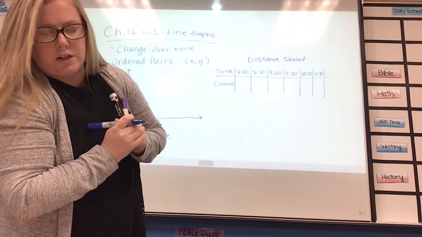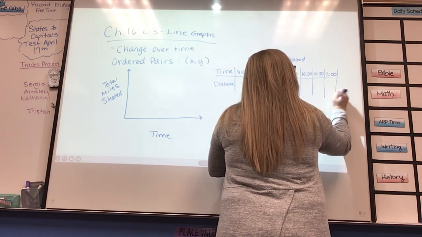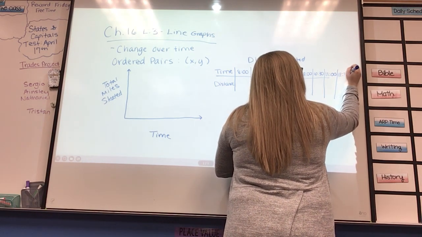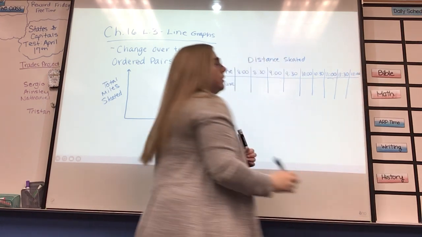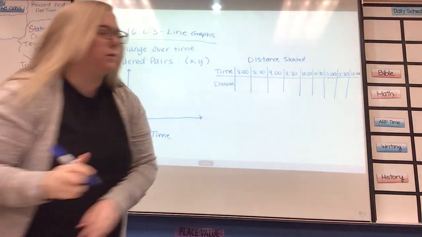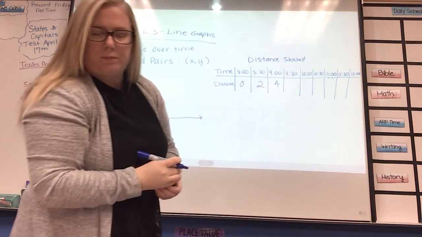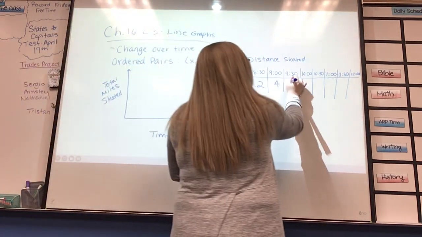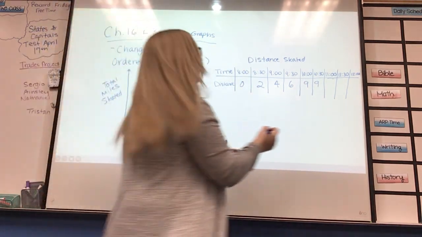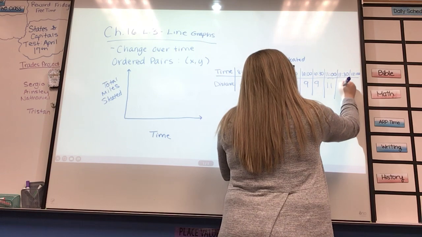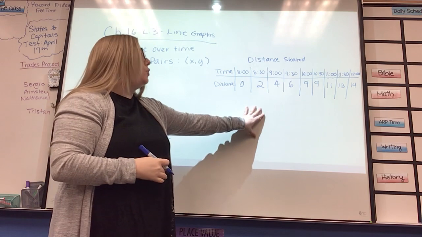Okay, 10:30, and then 11, 11:30, and I can just barely get 12 right there. Okay? So this is 0, 2, 4, 6, 9, 11, 13, and 14. So I'm going to use this table to do my graph.